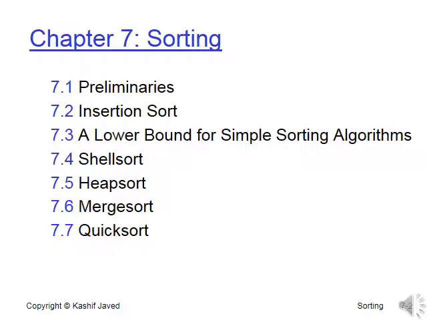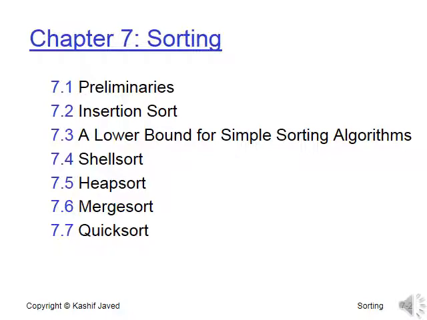Heap sort, where we build a heap containing the elements to be sorted, then remove them in order. It has time complexity of order n log n on average. Merge sort, we repeatedly divide data into half, sort each half, and combine them.